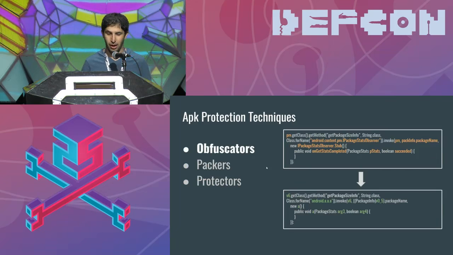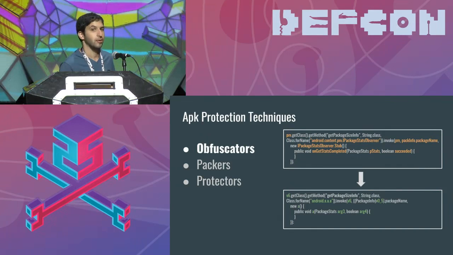So what is obfuscation? Obfuscation is adding redundant code to the app's main code that doesn't affect the functionality of the app, and changing the function names and the variable names. This is done in order to prevent a reverse engineer from understanding what's happening inside the app.